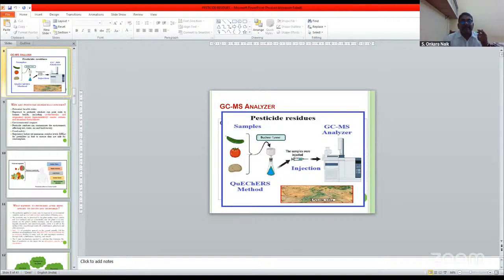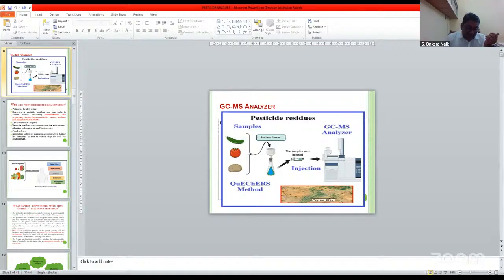When we are spraying the pesticide on the crop, if rain comes, then it will wash out and go to the soil. Even if you spray on the tree, it will fall on the tree leaves, and then it will wash out and go down. And it will be harmful to the bio-life available in the soil.